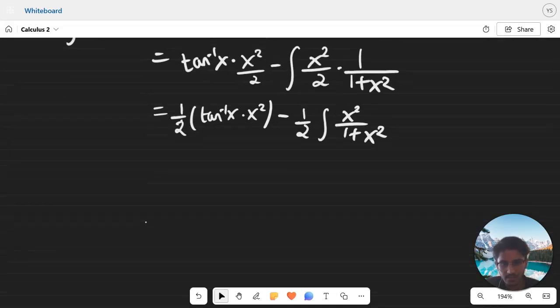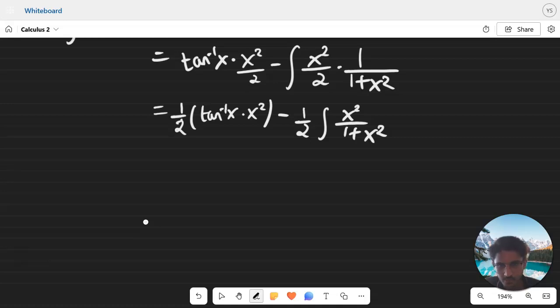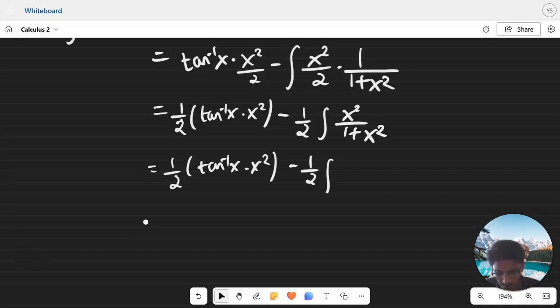Now this is where things get kind of tricky when finding this integral. As you can see, we can't directly use u substitution. If we let u equal x squared, that doesn't cancel out the x squared.